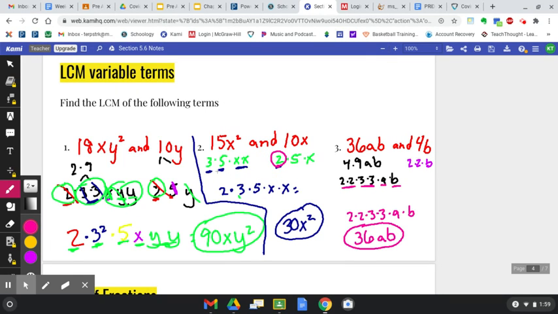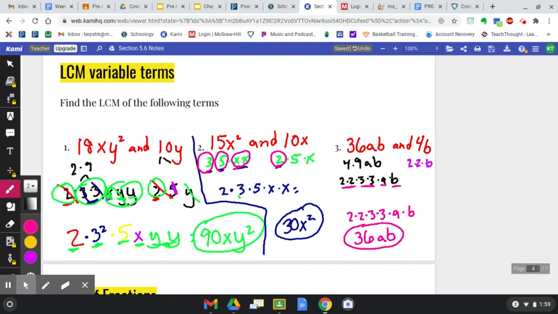At most, there was 1 5. And I could have picked either one. There's 1 in each of them, but that's the most in either one. There's at most 1 3, and 2 x's was the most. So those are what I multiply together, right? 2 times 3 times 5 is 30. x times x is x squared, right?